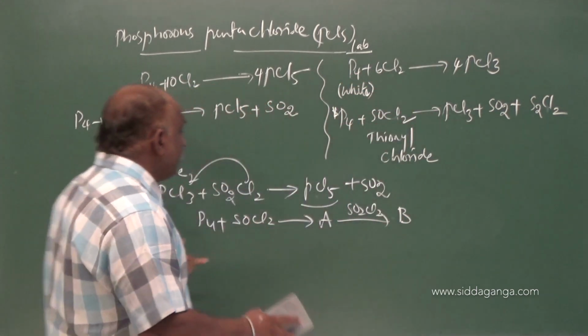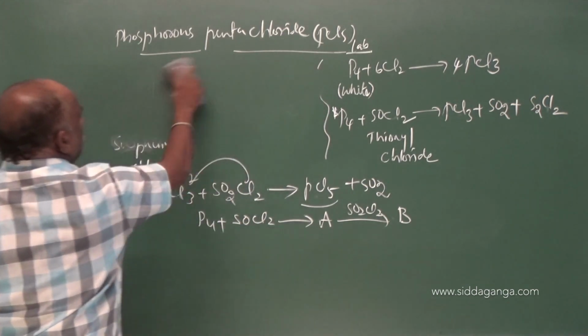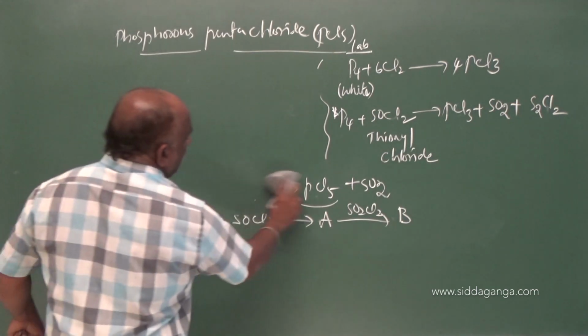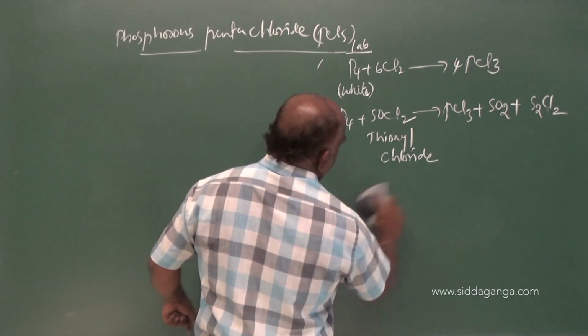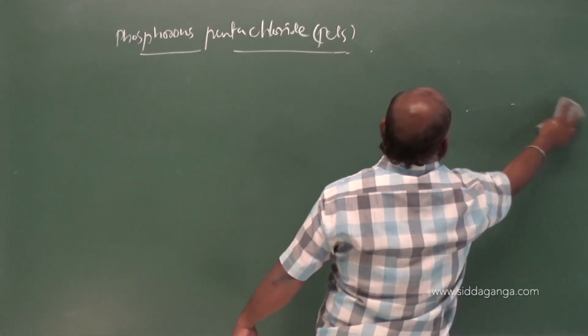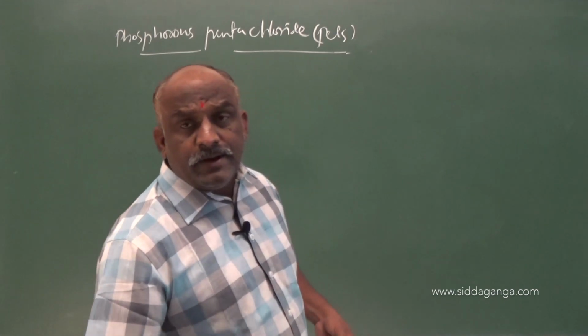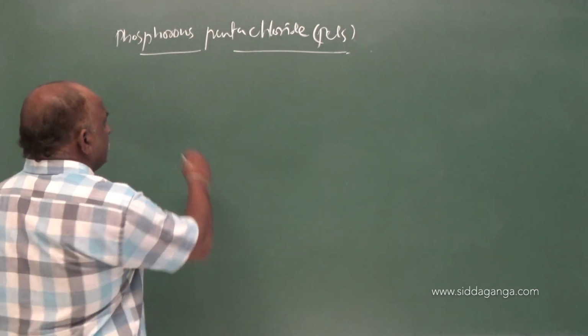And while coming to phosphorus pentachloride, what is the laboratory method? How to prepare PCl5 in the laboratory? How to prepare PCl3 in the lab?